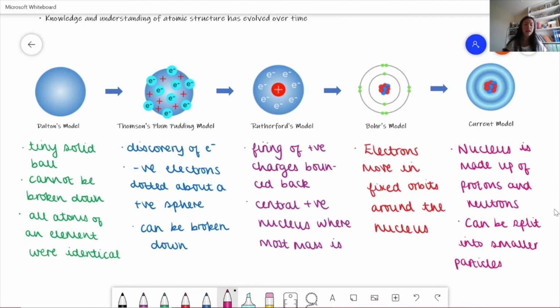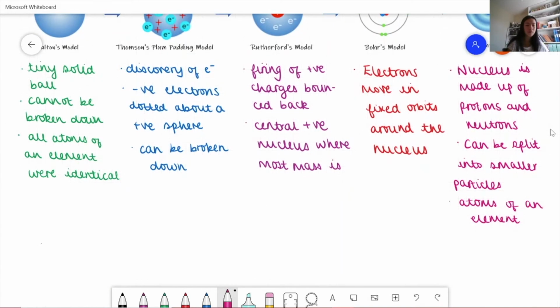We also have that atoms of an element can have a different number of neutrons but they have to have the same number of protons and electrons. But atoms of different elements can have different numbers of protons and electrons.